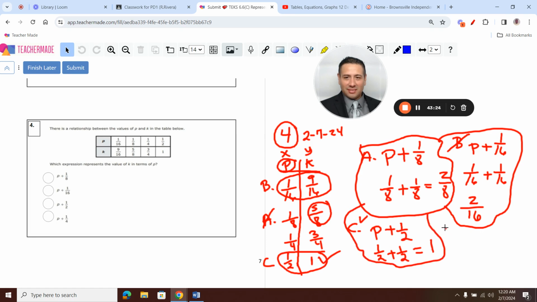Now a good student might check D just to make sure. So P plus 1/4. So who's the P? I'm going to be using this one, letter D. The P would be this side, which is 1/4.